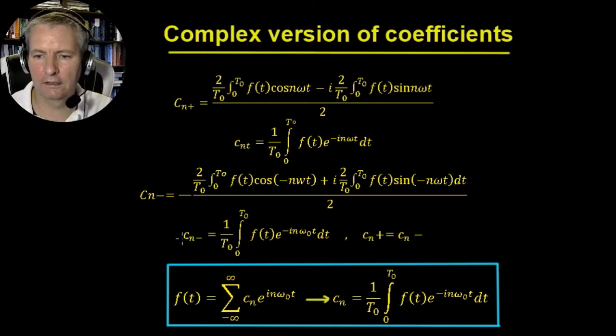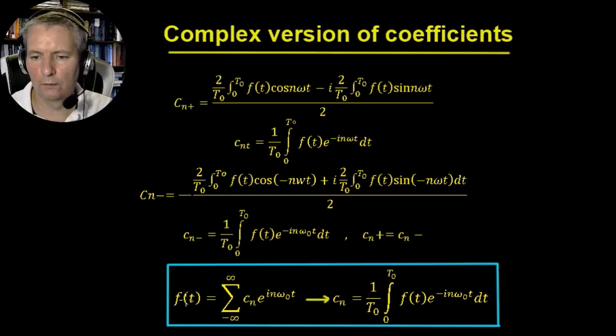So Cn minus is going to be given by 1 upon t naught, the integral from 0 to t naught of f of t, and this thing again ends up as e to the minus i n omega t dt. So we can say that the Cn minus is equal to the Cn plus.